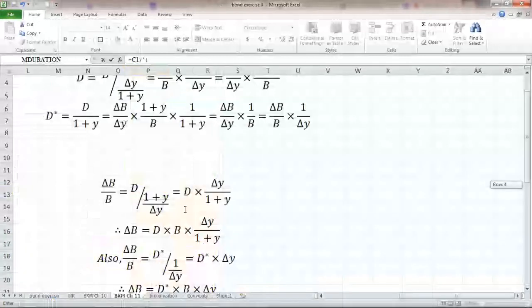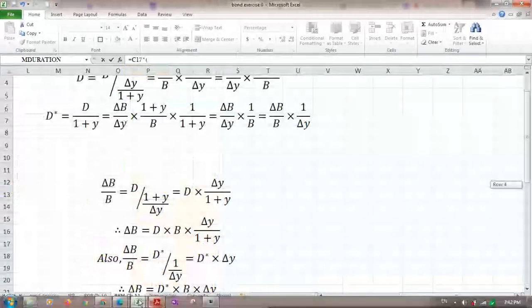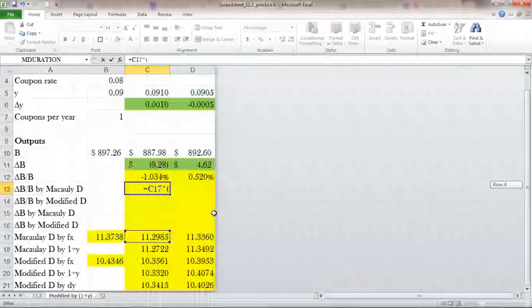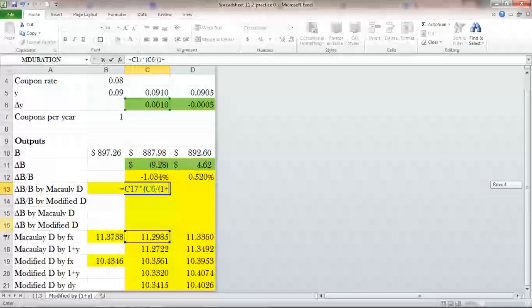Right, the formula is duration times change in yield over 1 plus y. So change in yield is here, over 1 plus y. That y is the old y, the previous one. I guess I don't have to put it here because, in multiplication, it gets multiplied only to the numerator. So hit OK.